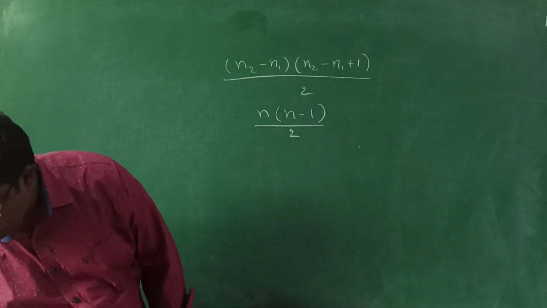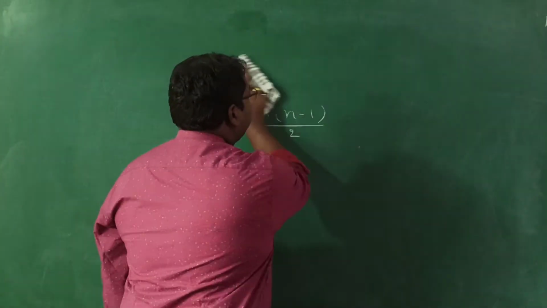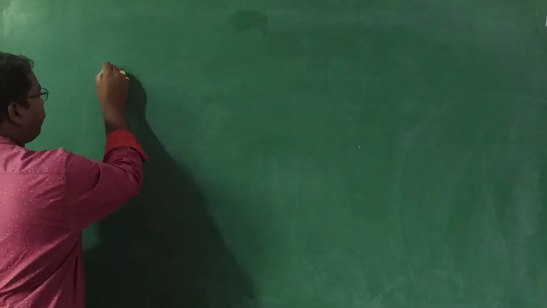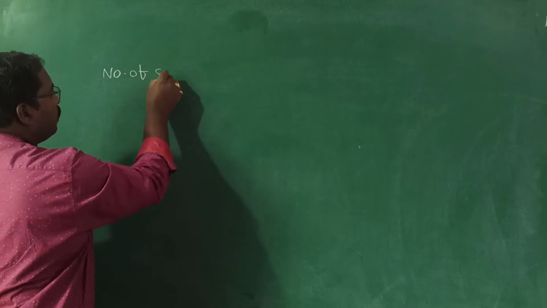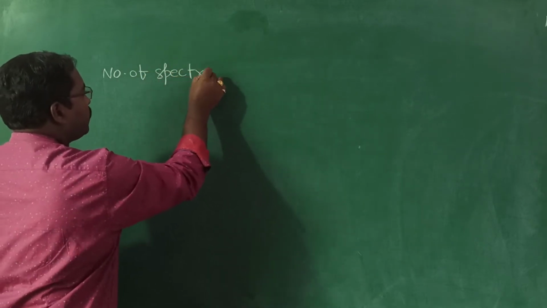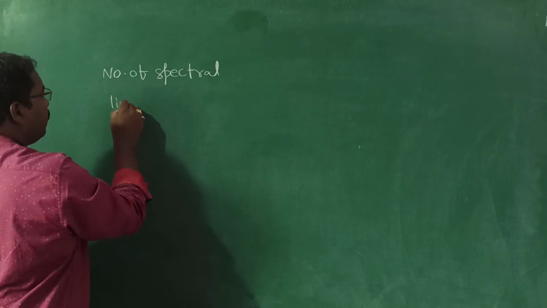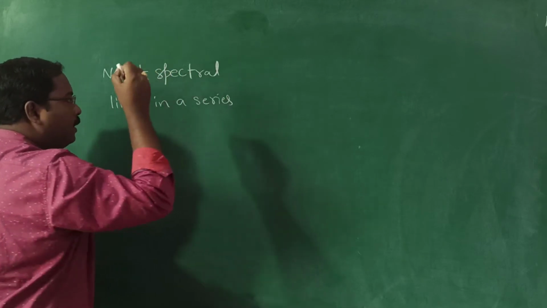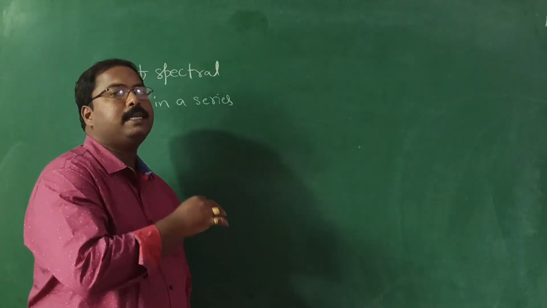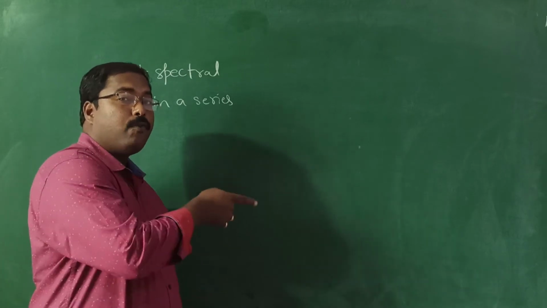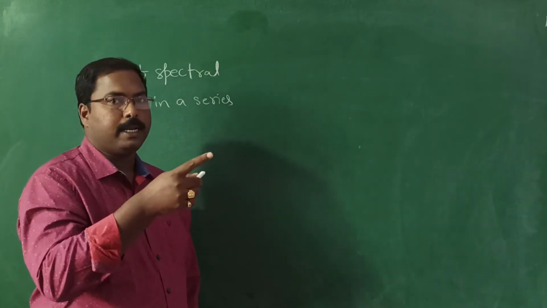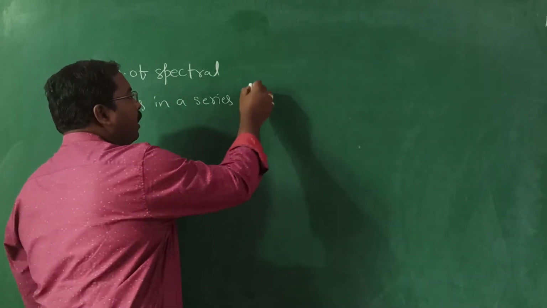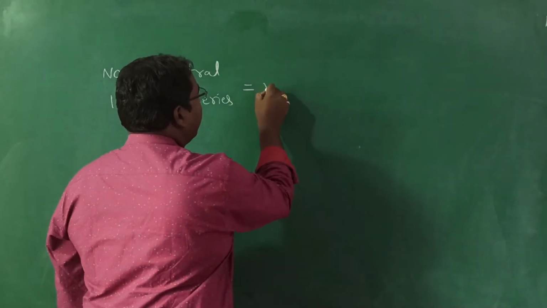If they ask you to calculate the number of spectral lines in a series, any series it is, we have a formula to calculate the total number of spectral lines, but now our discussion is about the number of spectral lines in a series.